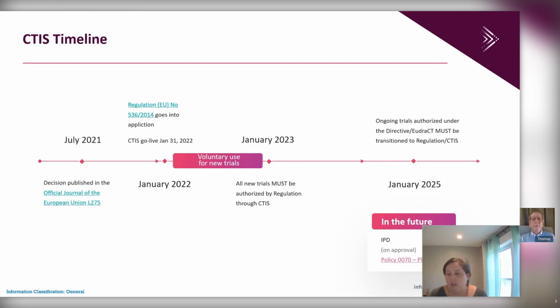So you will send your major modifications through your national competent authority, do all your communications through the national competent authorities, and even your results will be due in UDRA-CT as long as your study ends before January 2025. At that time, any ongoing studies need to be transitioned into the regulation in CTIS.